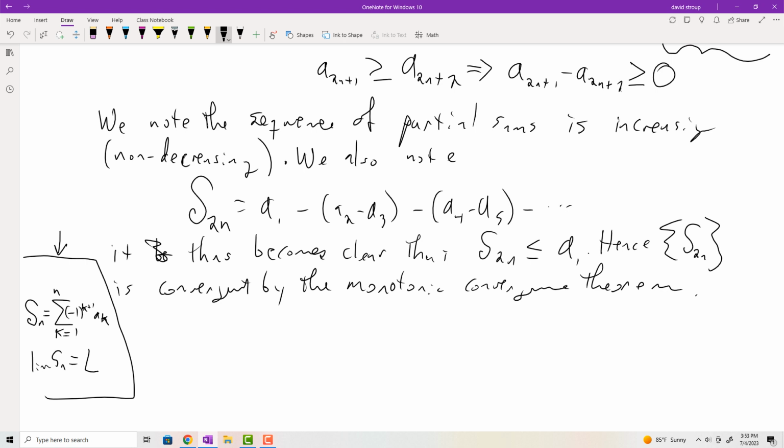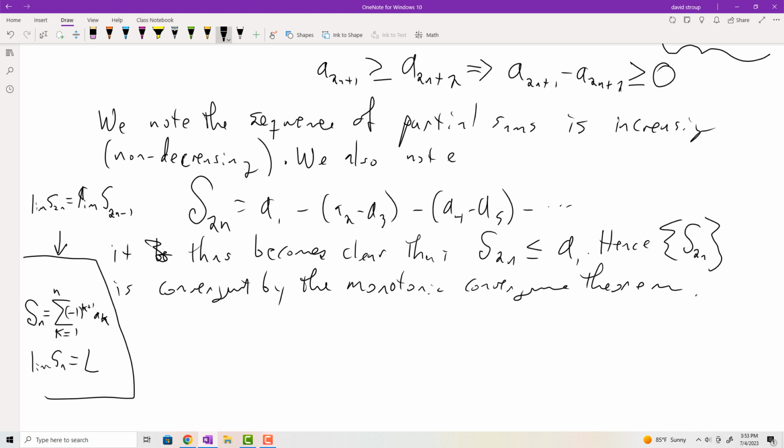And the trick is going to be to show that the limit of s sub 2n is equal to the limit of s sub 2n minus 1. And basically, if the even terms and the odd terms of a sequence are going to the same place, you can intuitively think, well, any term is either even or odd, so that encompasses the whole picture.